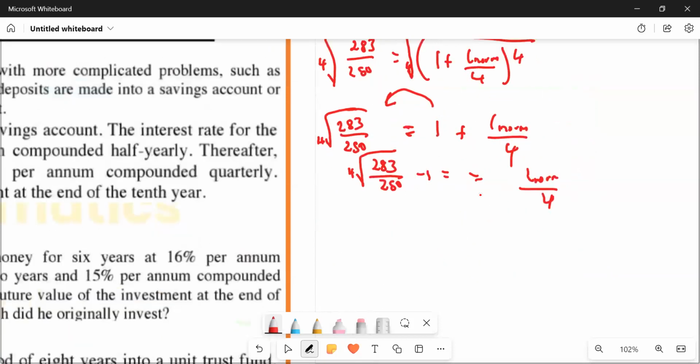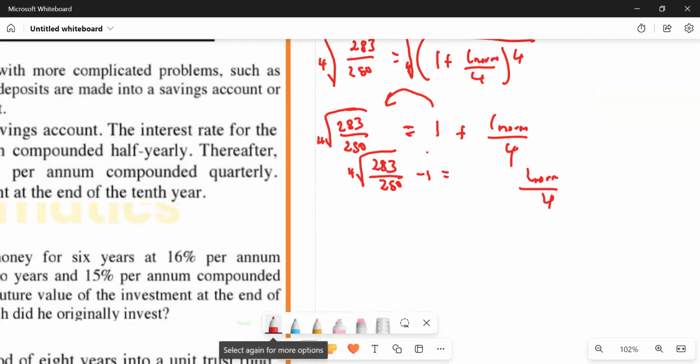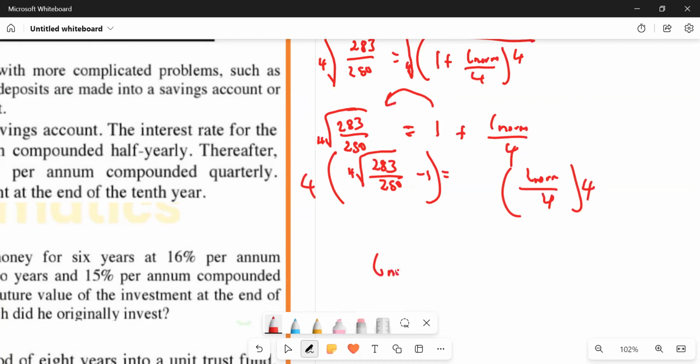Okay, then what do we do from here? We still want to get i nominal. We can multiply both sides by 4. So we're going to multiply this by 4, and then we're also going to multiply this by 4. And it says our i nominal is going to be given as a decimal. Let's check.